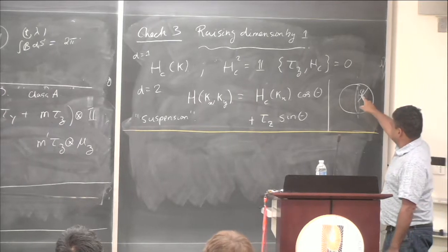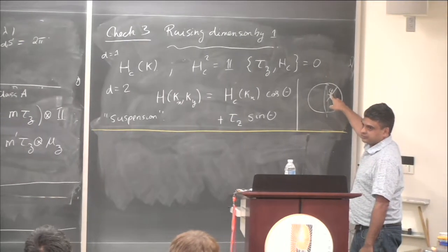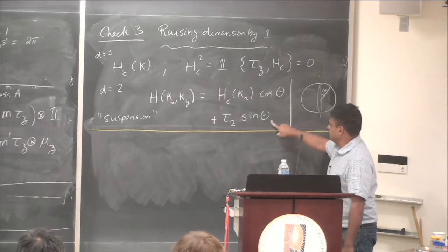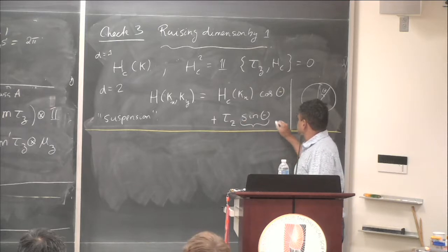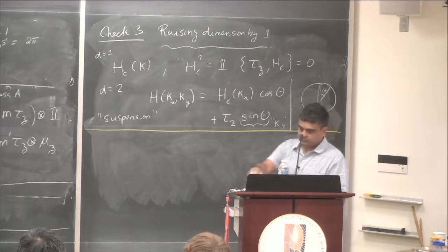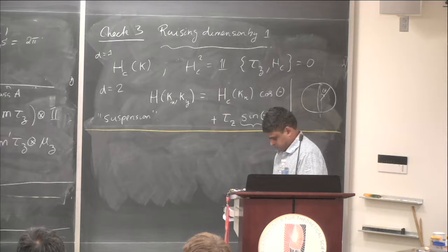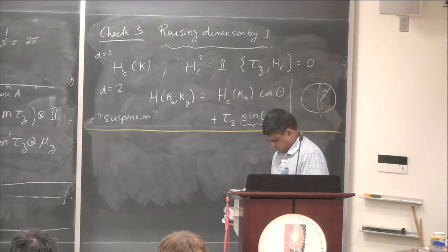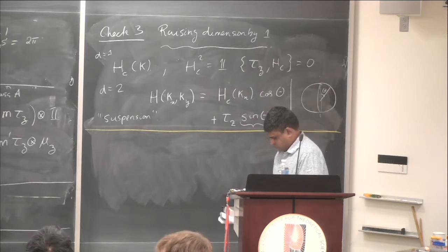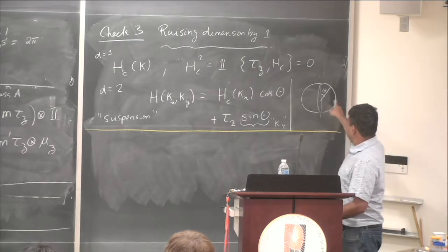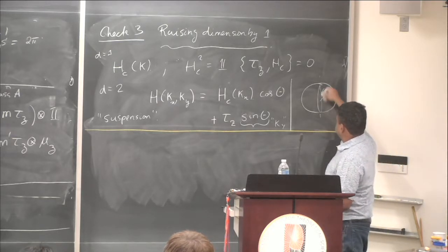So this is essentially the other coordinate. So sine theta is sort of like the new ky. Or you can just think of theta as being ky, and this kx is this direction.